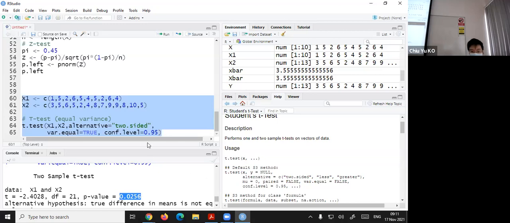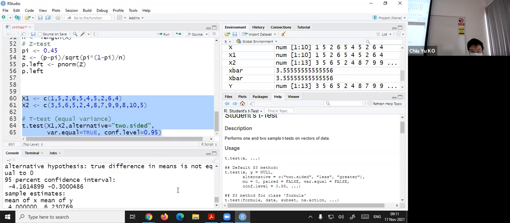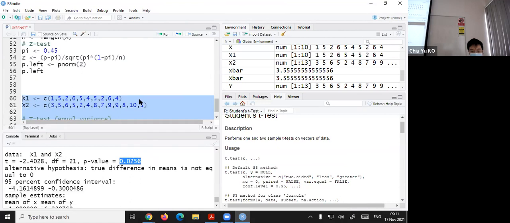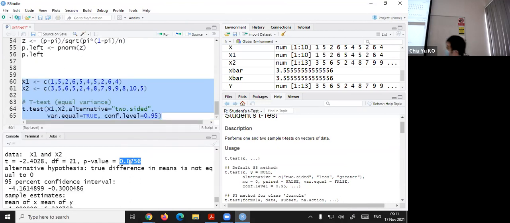So that means you would reject at 5%, in my case. And you also see the confidence interval. As we said, they are all negative. So that's why you can reject, since the interval excludes 0. Remember the relationship between confidence interval and hypothesis testing, right?